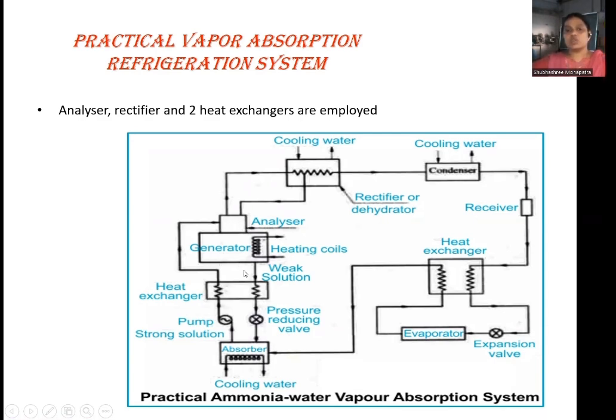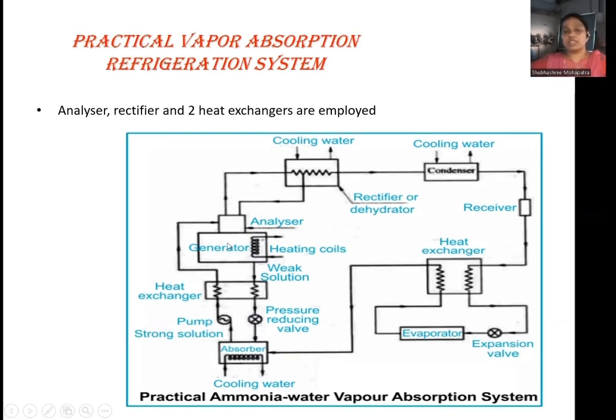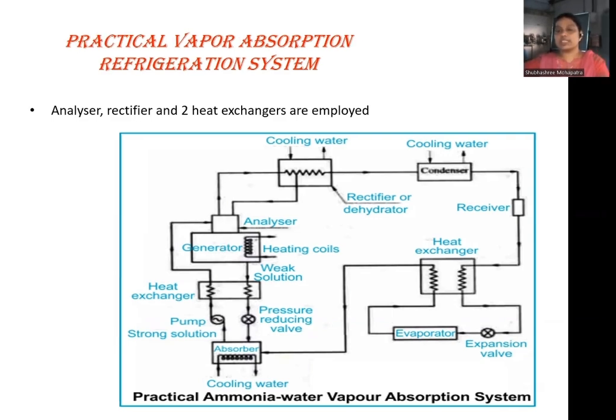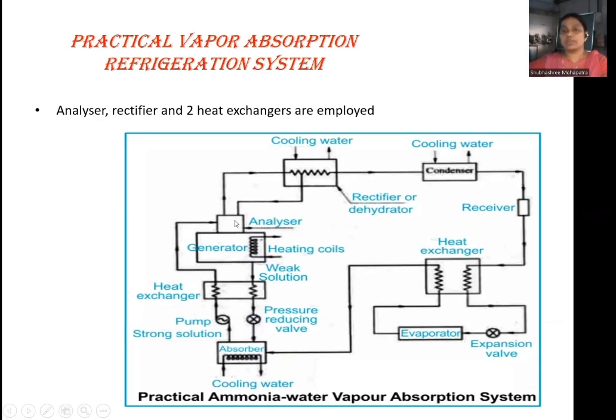At the generator, we are providing low-grade thermal energy, so the ammonia along with some moisture gets evaporated. When this moisture present in the refrigerant comes in contact with the low temperature strong solution coming from the analyzer, the moisture gets condensed and comes to the generator.